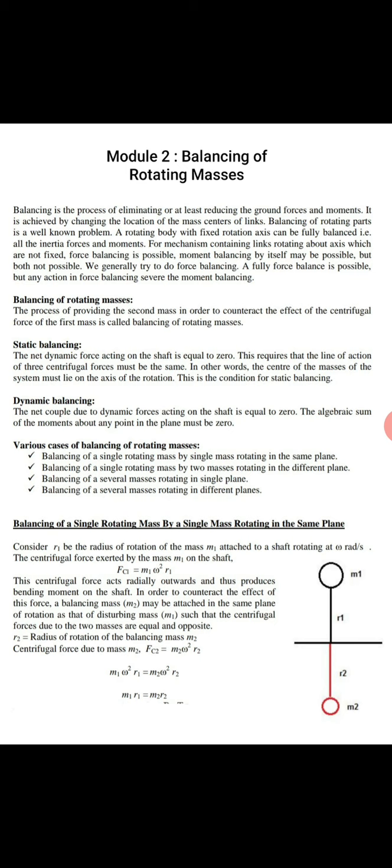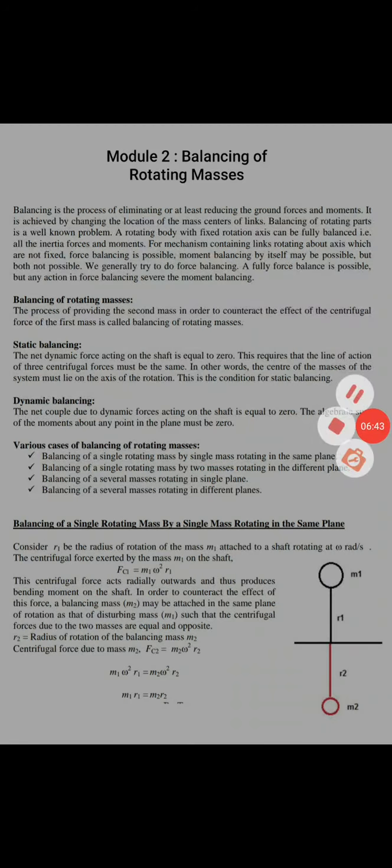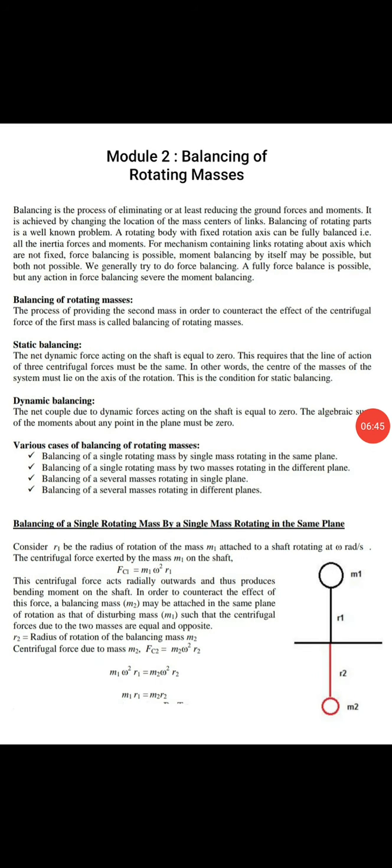First we need to learn what is balancing. Balancing is a process of eliminating or reducing the forces and moments. It is achieved by changing the location of center of mass of the links. Balancing of rotating parts is a well-known problem.